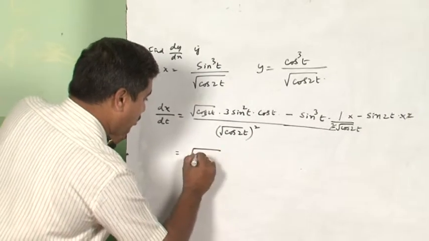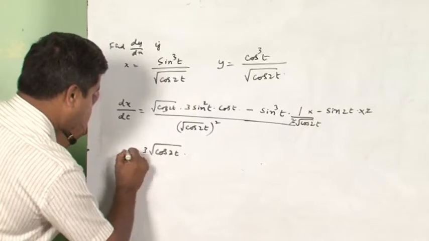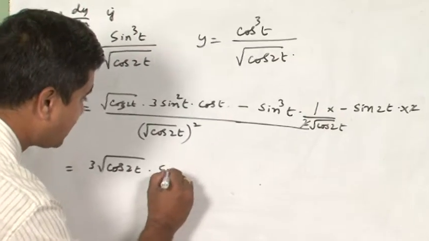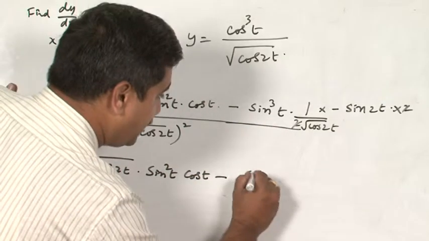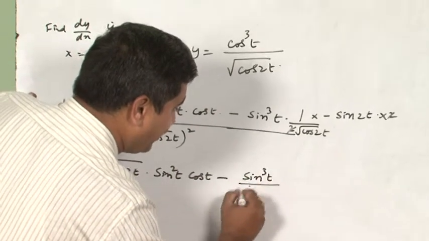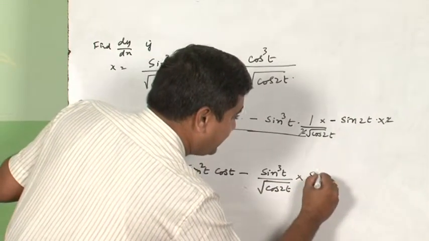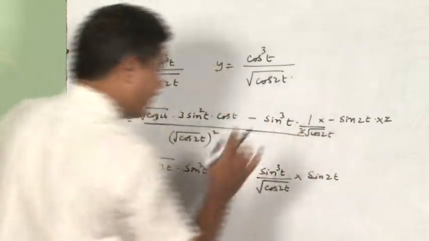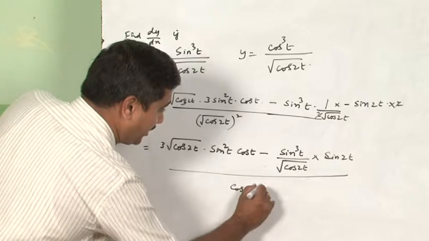What you get is root cos 2t into 3 sine square t cos t minus sine cube t upon root cos 2t into sine 2t, the 2 are cancelled already. Underneath what you have is cos 2t.